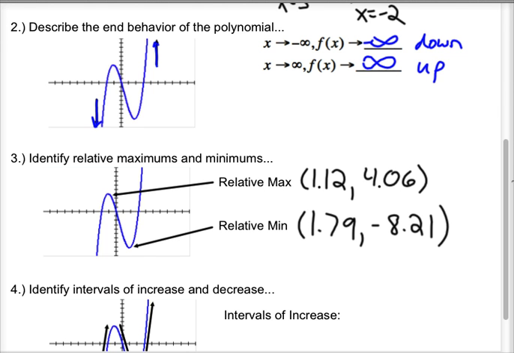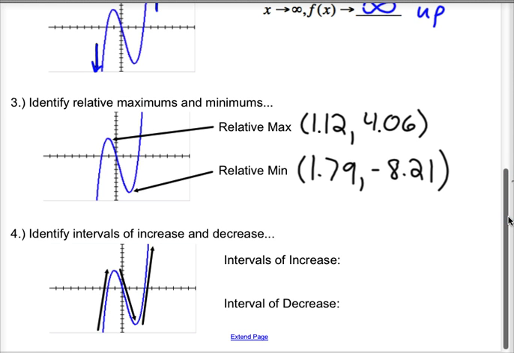All right, and then there was one more thing that we've talked about: intervals of increase and intervals of decrease. So remember, think of it like riding a roller coaster, okay? So here, my roller coaster is going up. We're riding up the curve. So first let's identify.